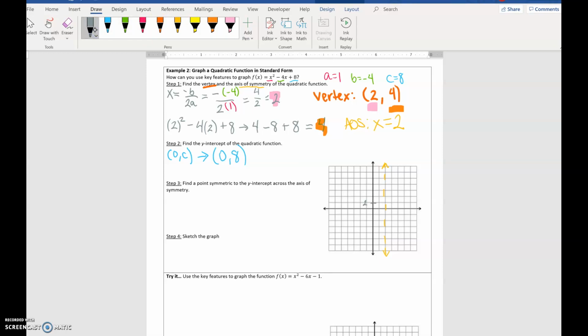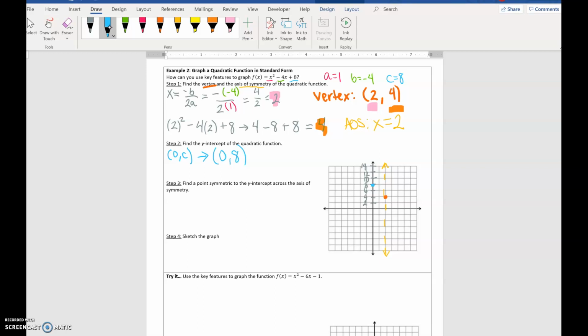So this would be 2, 4, 6, 8, 10, 12, 14. So again, I'm just going to count by 2s on my y-axis. So my vertex would be 2, 4 right here. And then my y-intercept is at 0, 8, so right here.